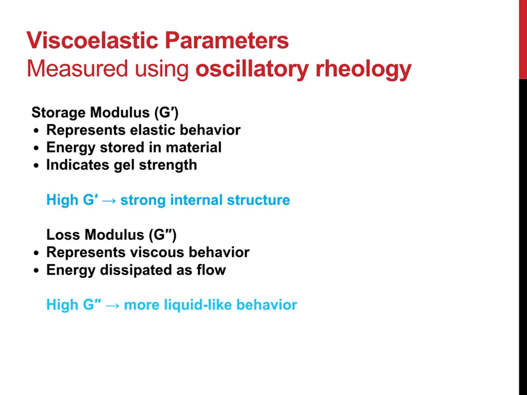The loss modulus, indicated by G double prime, represents the viscous behavior. It is the measure of the energy dissipated as it flows. A high G double prime means more liquid-like behavior. So just remember, G prime represents elastic, and G double prime is the viscous behavior.